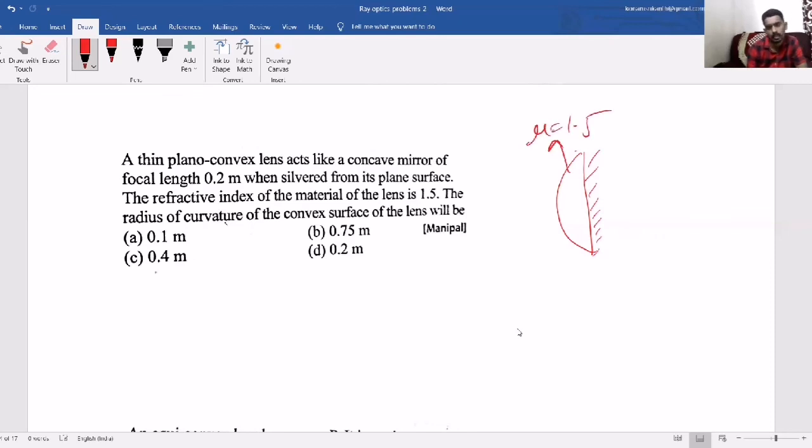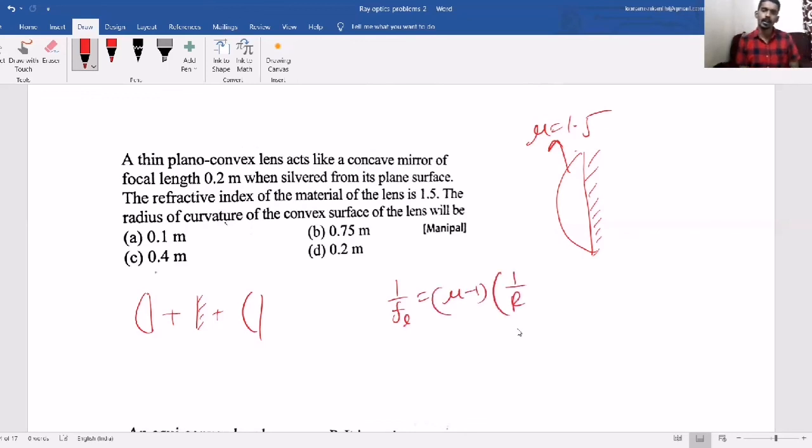The radius of curvature they are asking. In this case, as I said, it acts like lens plus mirror plus lens. First of all, let's find the focal length for the lens. That is mu minus 1 into 1 by r minus 1 by infinity, because the second surface is plane. So it equals mu minus 1 by r.